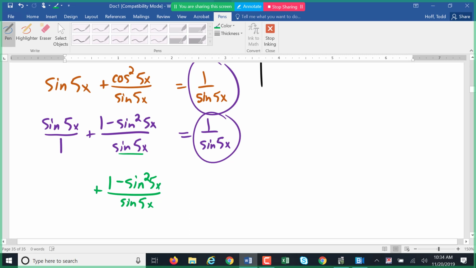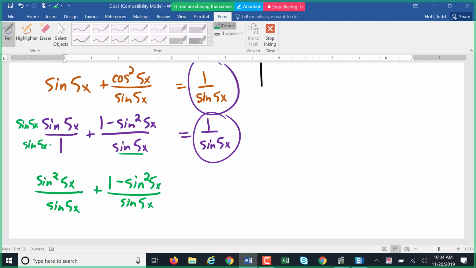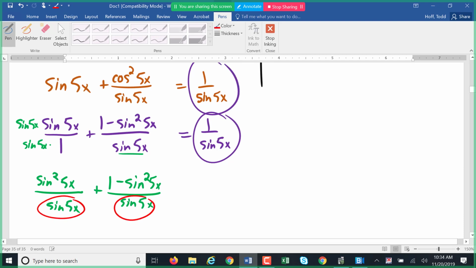On the right side, I'm going to multiply the top and bottom by sine of 5x to get a common denominator. So on top, I have sine squared of 5x, and on bottom, I have sine of 5x. Notice now I have a common denominator of sine of 5x.